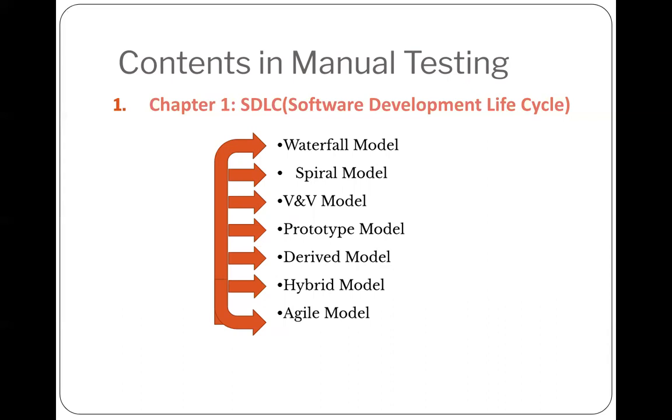The steps we follow in the waterfall model are not suited to modern development, because nowadays customers need their software within 3 months or 6 months. They will have deadlines, so it is hard to maintain those steps in the waterfall model.